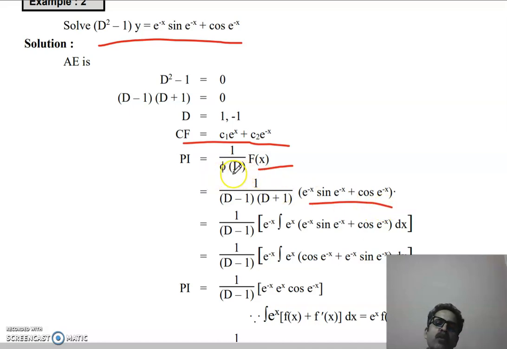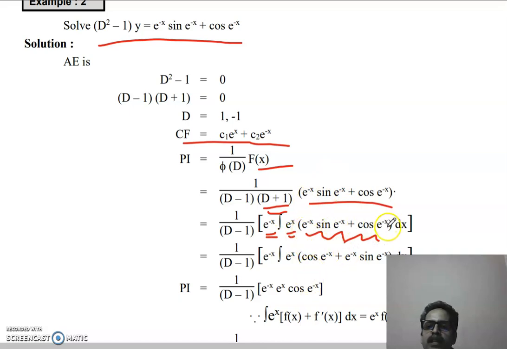For that purpose, we write phi D in terms of the factors as D minus 1, D plus 1. Let's apply the D plus 1 factor first. When you apply the D plus 1 factor first, and apply the general method formula with alpha as minus 1, you will find e raised to alpha x integral e raised to minus alpha x, and this is the f of x present in the previous step.